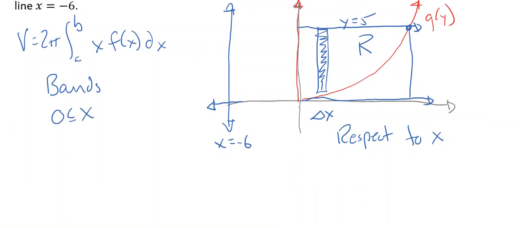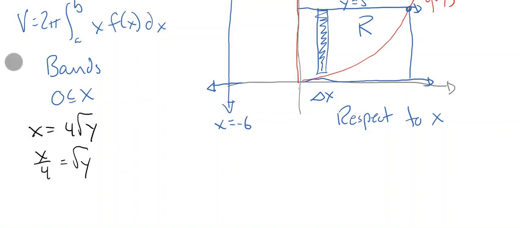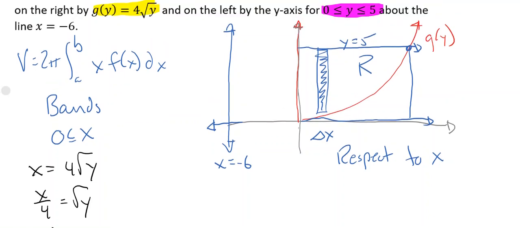So we have right now x is equal to 4 square root of y, or x divided by 4 is the square root of y. And then squaring both sides, we have x squared over 16 equals y. All right, so that is the equation of this. And we want to know where that is going to be equal to y equals 5.